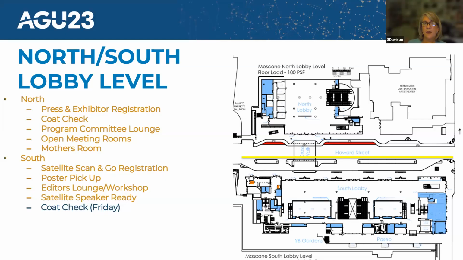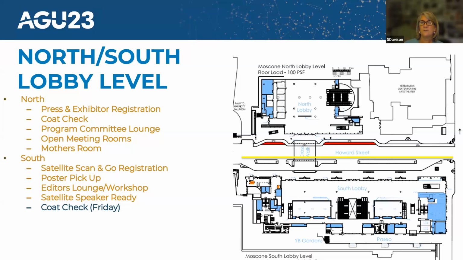And in South, we're going to try something new this year. We're going to create these satellite scan and go registration tables, and they're going to be available on Sunday and Monday. And then on Tuesday, they'll flip over to engagement areas for attendees to have quick meetings, meet with your colleagues throughout the week.